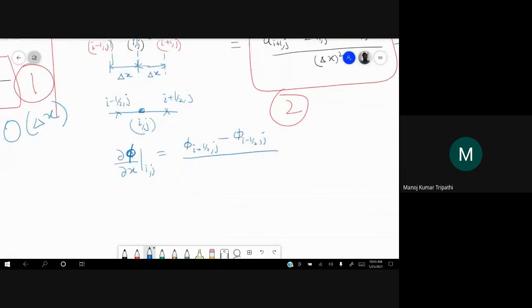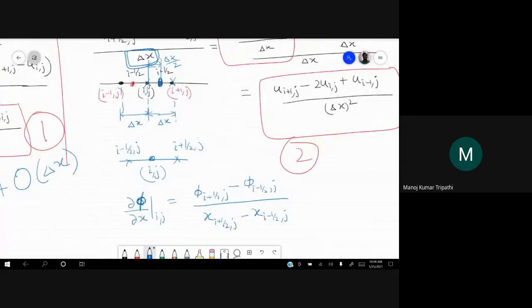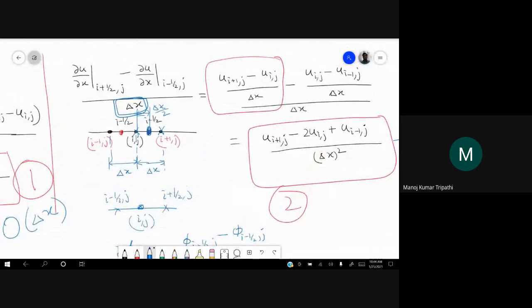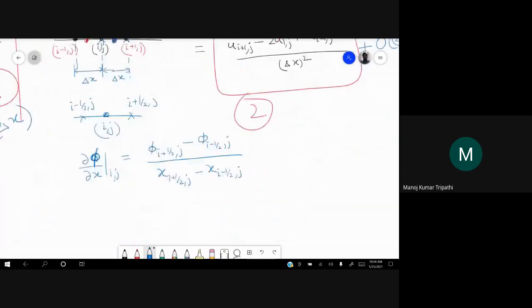Then in the denominator, I will have x at I plus half comma j minus x at I minus half comma j. Right. So instead of phi, I have written dou u by dou x there in that formula. Now what is x at I plus half minus x at I minus half? What is the distance between I plus half and I minus half? Is it delta x or 2 delta x?